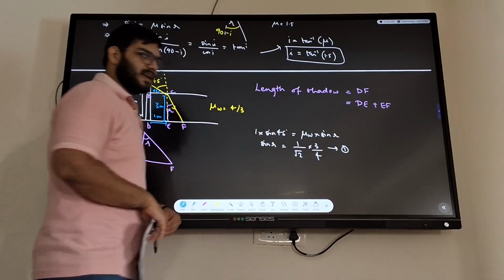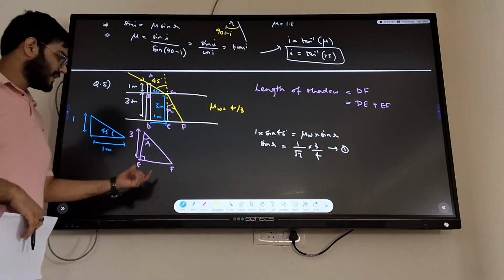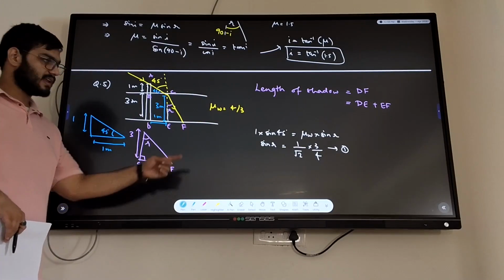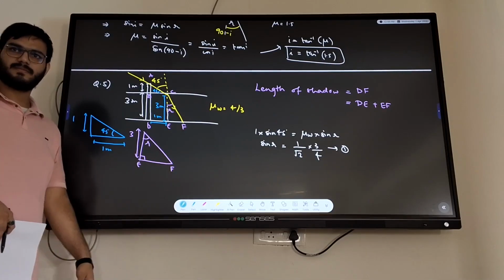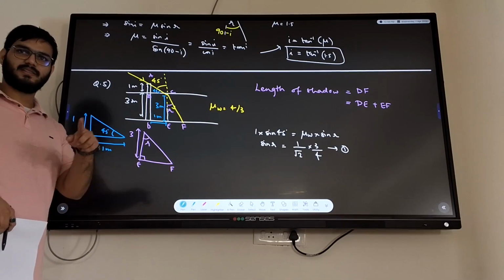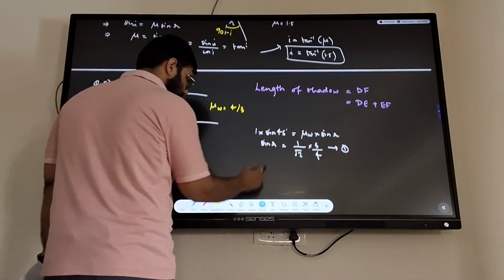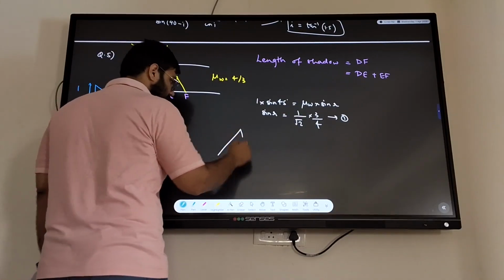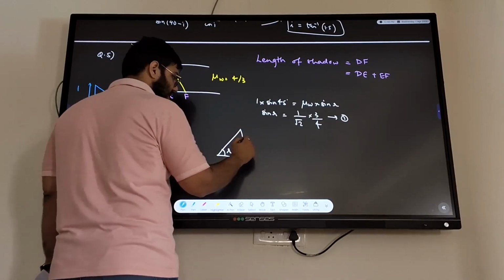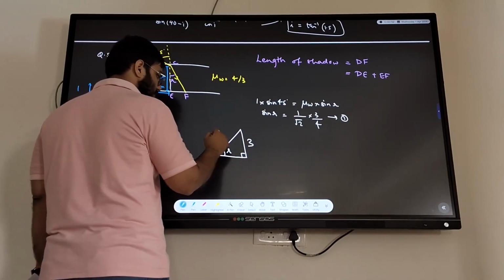So I found my sine r. I need tan r. Can I find tan r from sine r? Do you know this process of making a triangle and finding the other side? So, this triangle, if this is r, then this will be 3 and this 4 root 2.